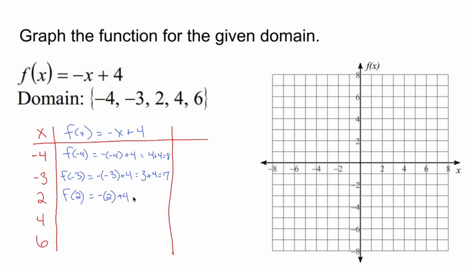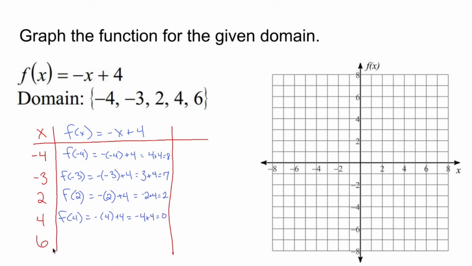Negative 2 plus 4 is 2. So we'll write that out. Okay, f of 4 is negative parentheses 4 plus 4. So negative parentheses 4 is negative 4, and negative 4 plus 4 is 0.